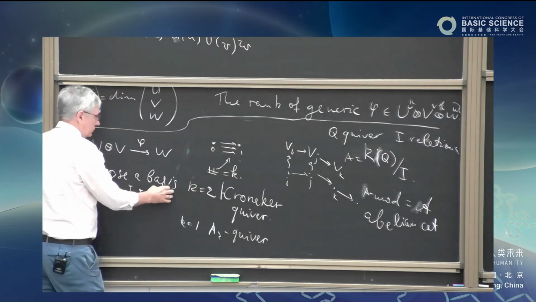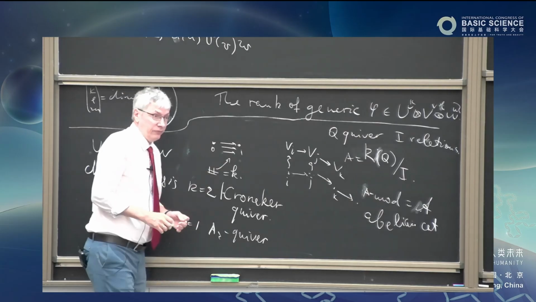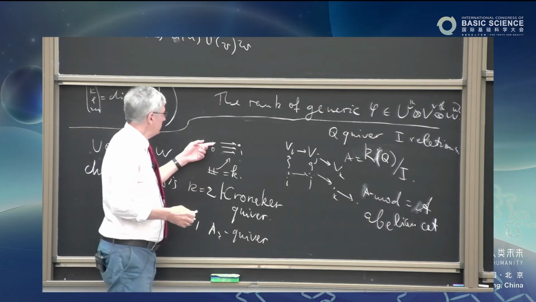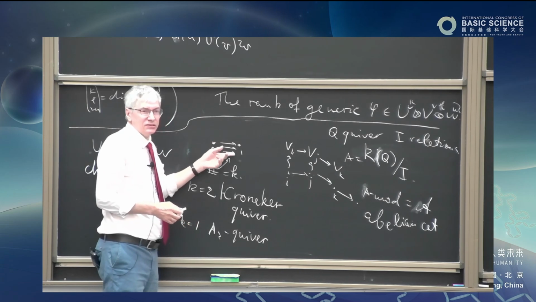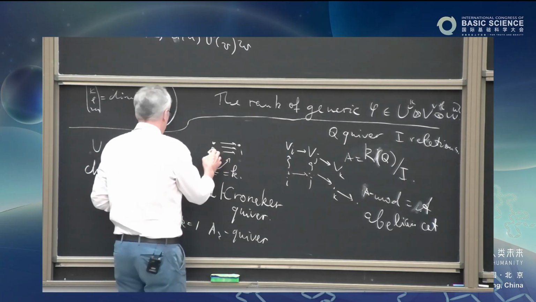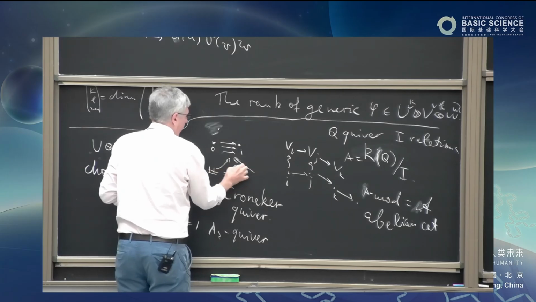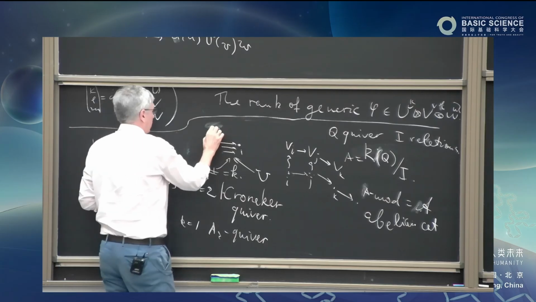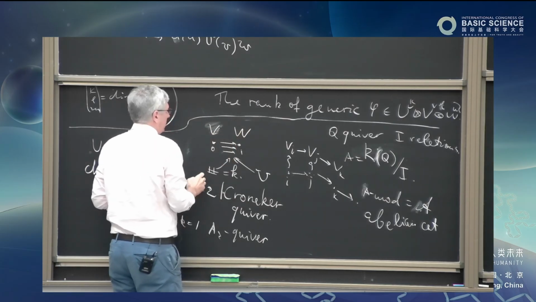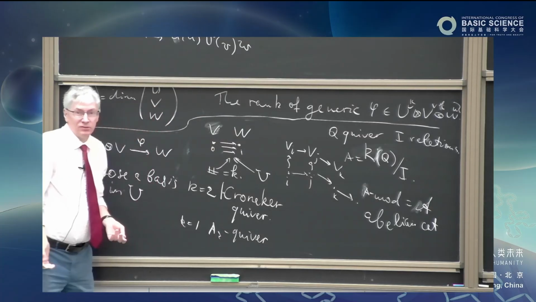And then you choose a basis, which corresponds to the arrows. You may consider this quiver as just a vector space from 0 to 1: it's not just arrows, but a vector space, and this is just a basis. Then the representation is given by U, and if you choose a basis, it corresponds to the arrows. And then you have V and W, and this tensor exactly gives you a representation of this quiver, which is a sort of obvious thing.